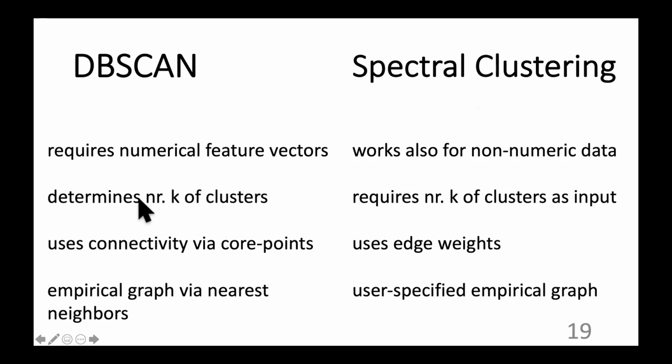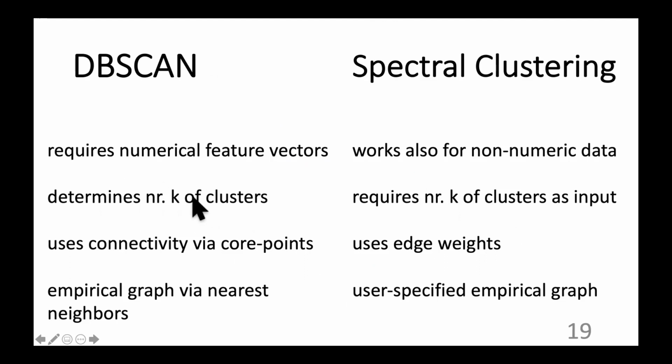Another main difference between DBSCAN and spectral clustering is that spectral clustering requires the number of clusters as an input. Like in K-means and Gaussian mixture models, spectral clustering needs you to tell it the number of clusters you're looking for. Whereas DBSCAN is a clustering method that determines the number of clusters automatically.